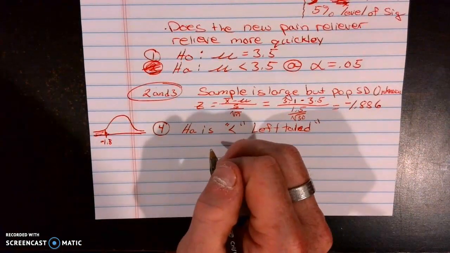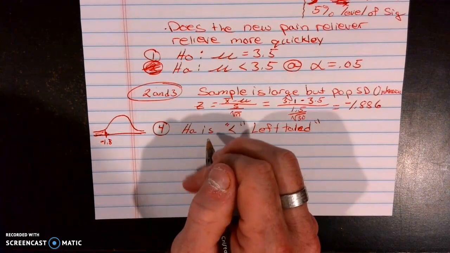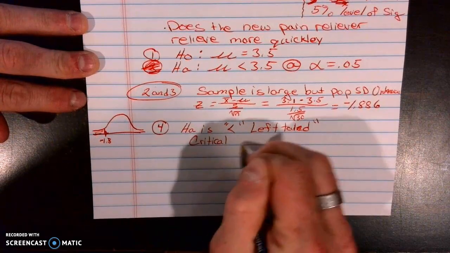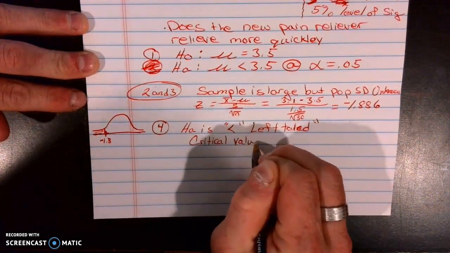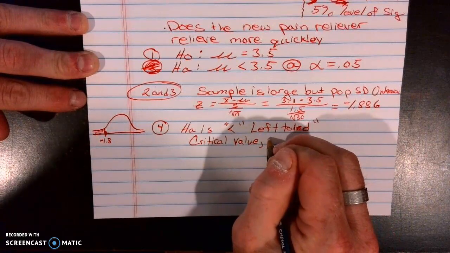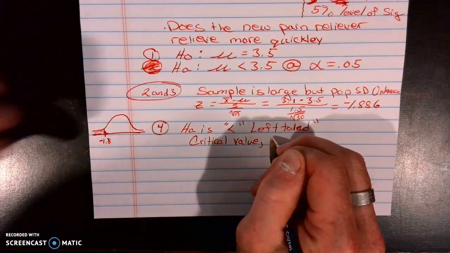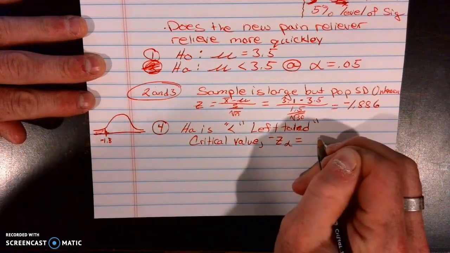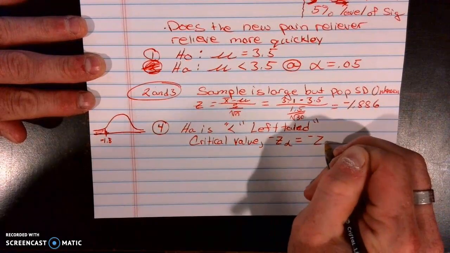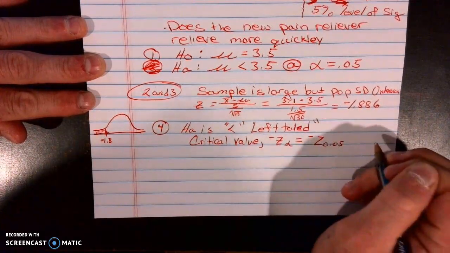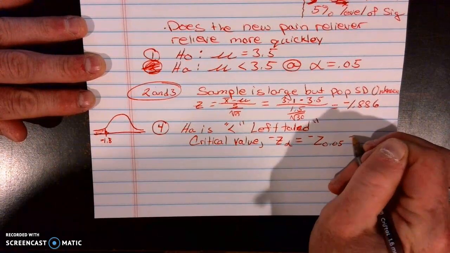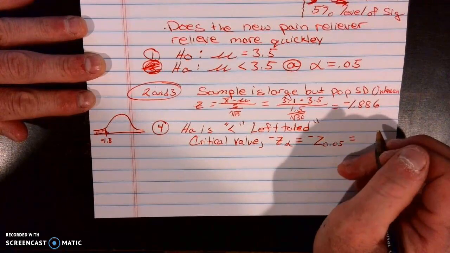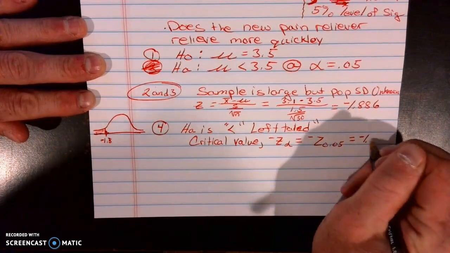So now we can go ahead and say the critical value, and since we are going to the left, negative z sub alpha is going to equal negative z sub 0.05, because that is alpha. And if we calculate that, we would actually get negative 1.645.